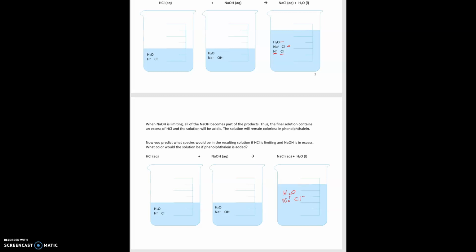But now the excess is going to be sodium and hydroxide ions. All the HCl, all the hydrochloric acid, has been neutralized. So any additional sodium hydroxide makes sodium hydroxide the excess.